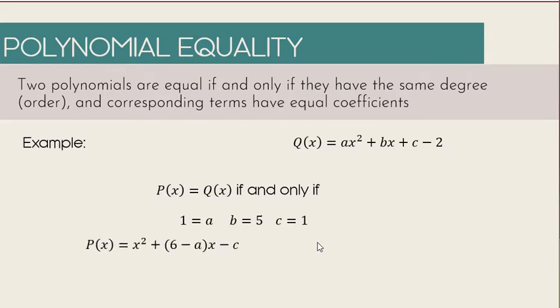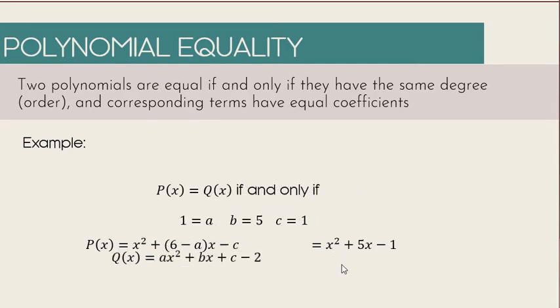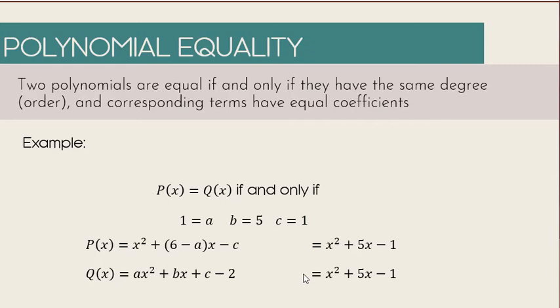Now we will confirm that. We'll try to replace the values of a, b, and c back into the polynomials. So p(x) will be equal to x squared plus 5x minus 1, and q(x) is equal to ax squared plus bx plus c minus 2, and if we replace a, b, c into that, we will achieve the same polynomial. p(x) and q(x) now look exactly identical.